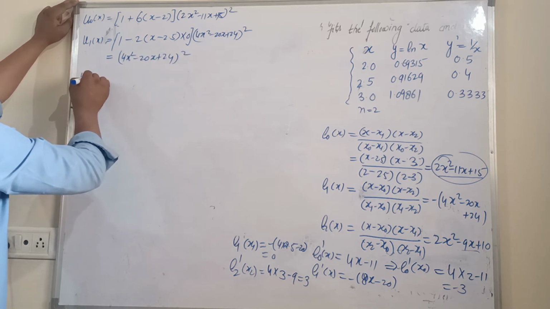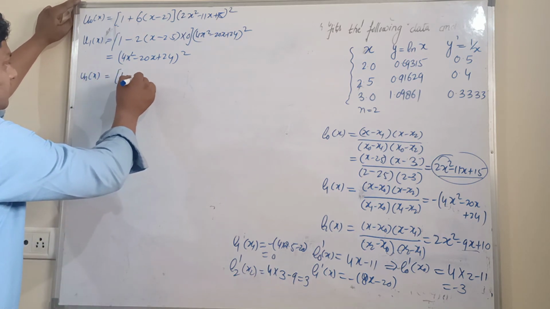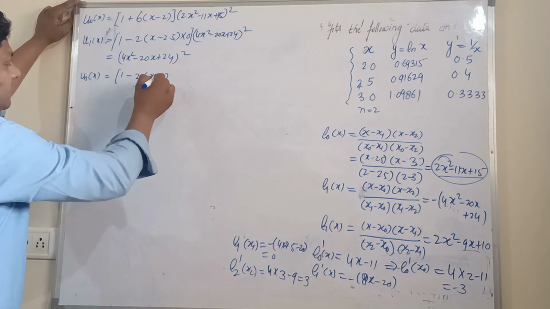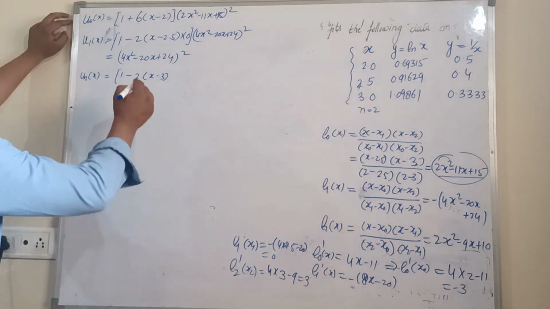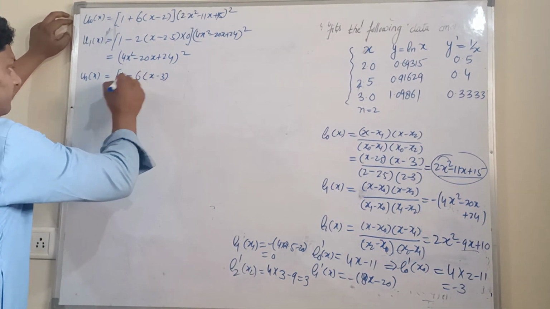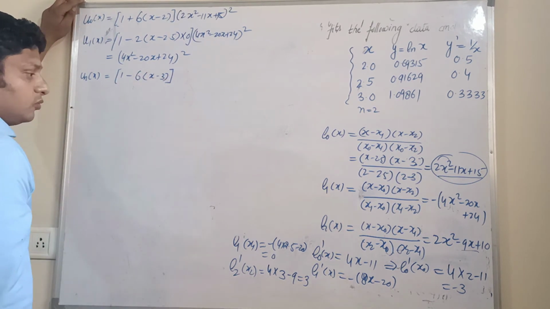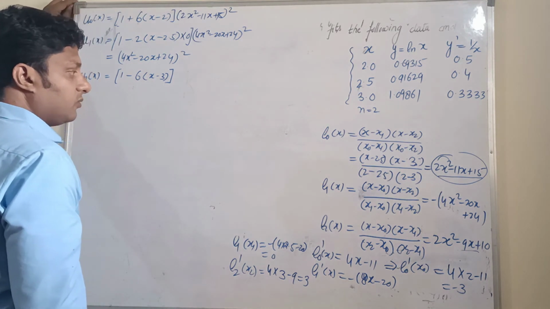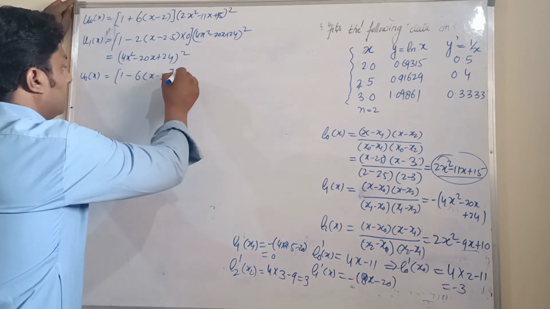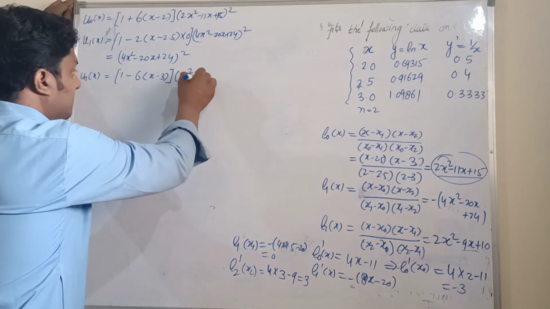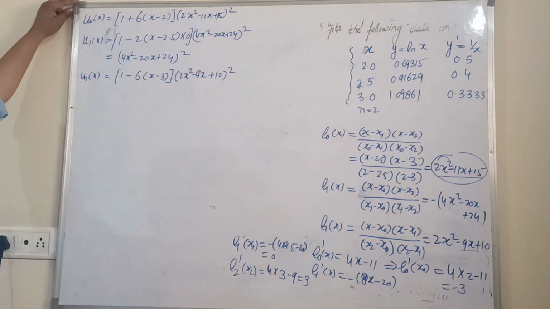So what about u2(x)? u2(x) will be 1 − 2(x − 3) times L2'(x2), which is 3, so we write here a multiple of 6. Then L2(x) squared at the point x2 is (2x² − 9x + 10) squared. So it will be u2(x).